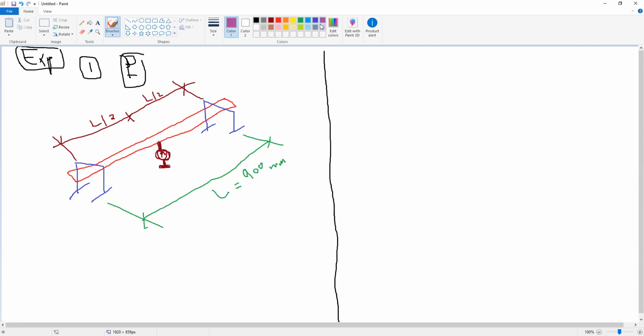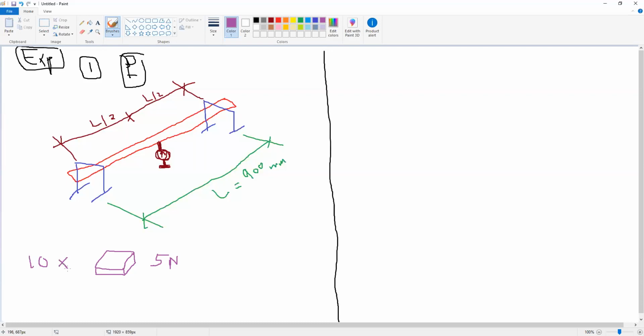The last thing we need to know is how to apply the load P. If you go to the lab, you will find that they are providing some small weights. Each one of them is 5 Newton, and you will have 10 of them for each group.